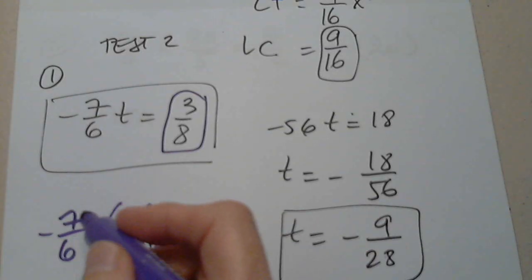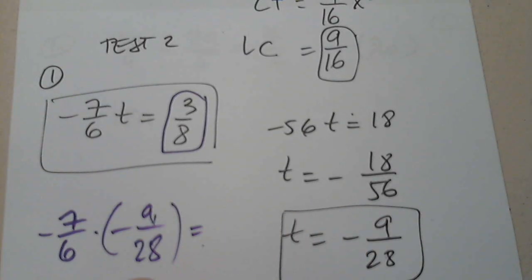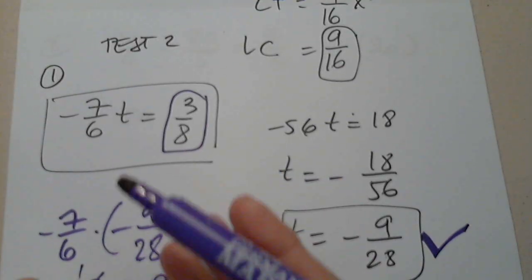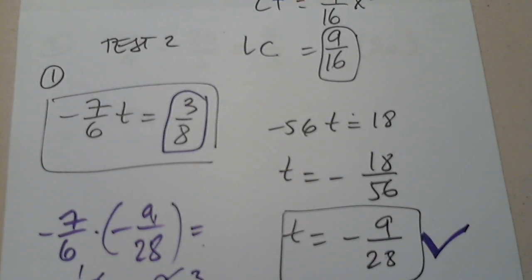So I'm going to check. When I multiply them, I will get a positive number. So 7/6 times 9/28. I'll simplify by 7. I'll simplify by 3. And I get 3/8. And now I am confident. I don't need anybody to tell me yes or no. I will enter it now because it took me a blink. I checked, and I know that that's the correct solution.